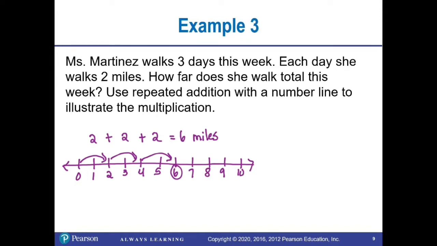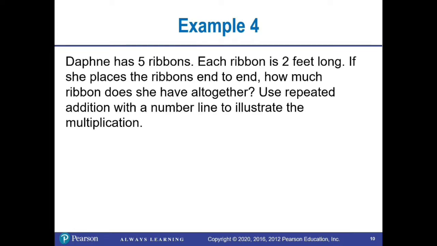Suppose Daphne has 5 ribbons. Each ribbon is 2 feet long. She places the ribbons end to end, and we want to know how much ribbon she has altogether. Again, our directions ask us to use the repeated addition with a number line to illustrate our multiplication.